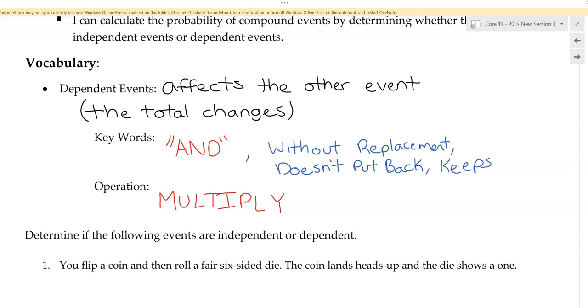If I'm keeping it, I'm not putting it back, I'm not replacing it, right? Anything like that, then it's going to be dependent.